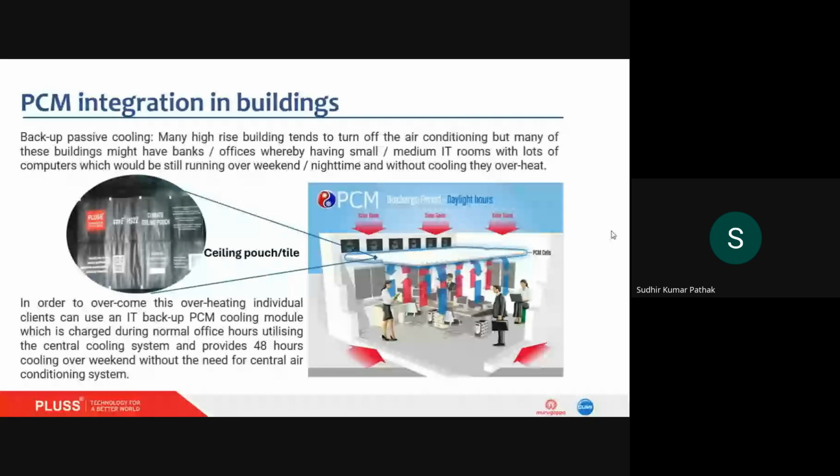And whenever there is an off time of the heat pumps or heaters, this PCM can balance that extra cold. So we can manage thermal management on both sides, cooling or heating, by strategically placing the PCM in buildings.